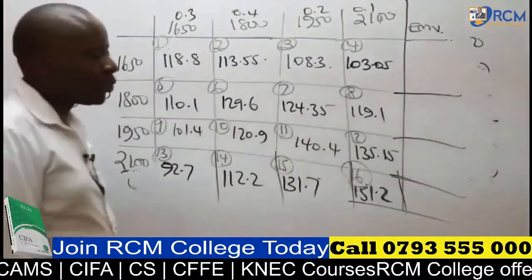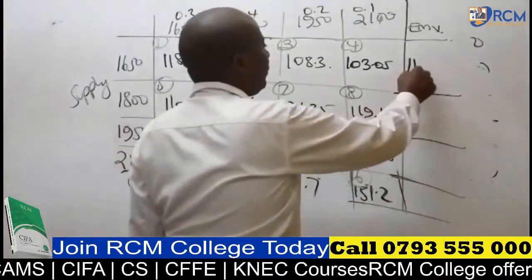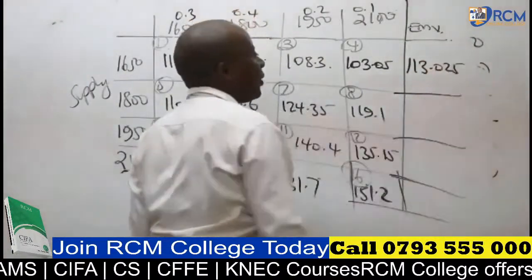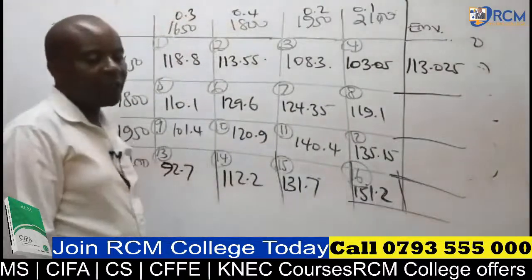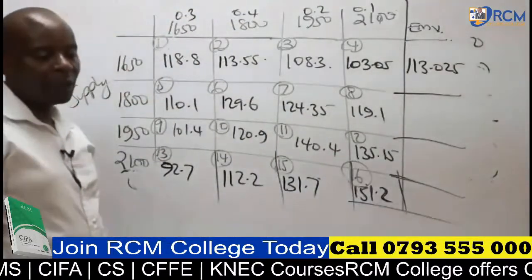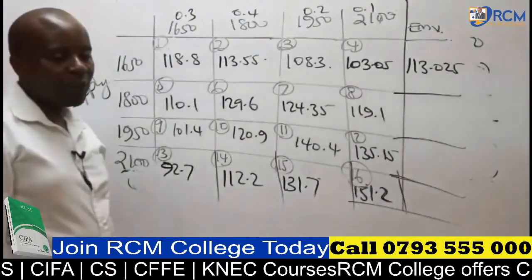So Mengich says 113.025. The first expected monetary value is 113.025.